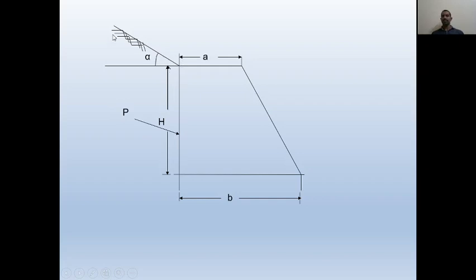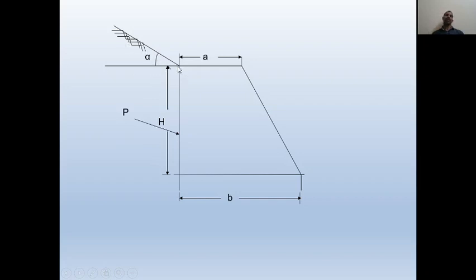This portion above the top level is nothing but surcharge, and the inclination with respect to horizontal at the top level is the surcharge angle. And this P will be acting at an angle alpha, equal to the surcharge angle. Earlier, in the case of dams, it was exactly horizontal, because there is water, and water does not have any surcharge angle.